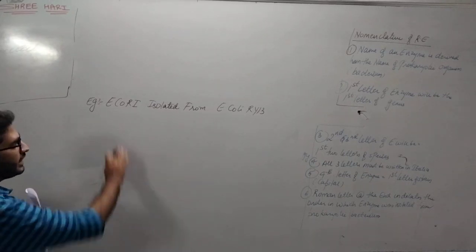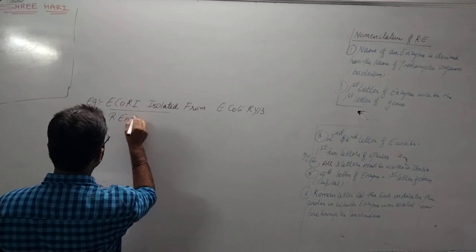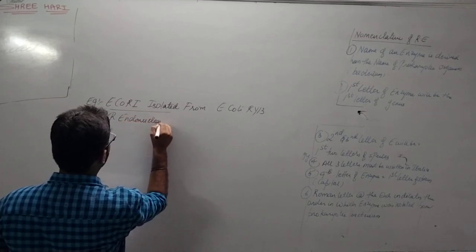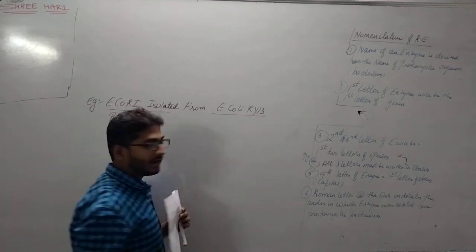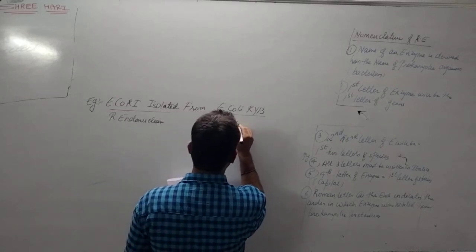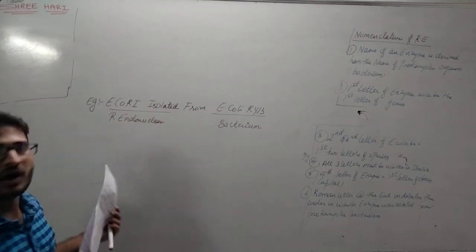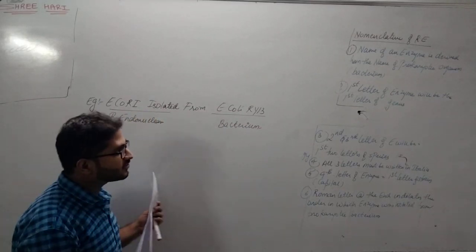EcoRI is the name of the restriction endonuclease, and E. coli RY13 strain is the name of the bacterium from which this EcoRI was isolated.